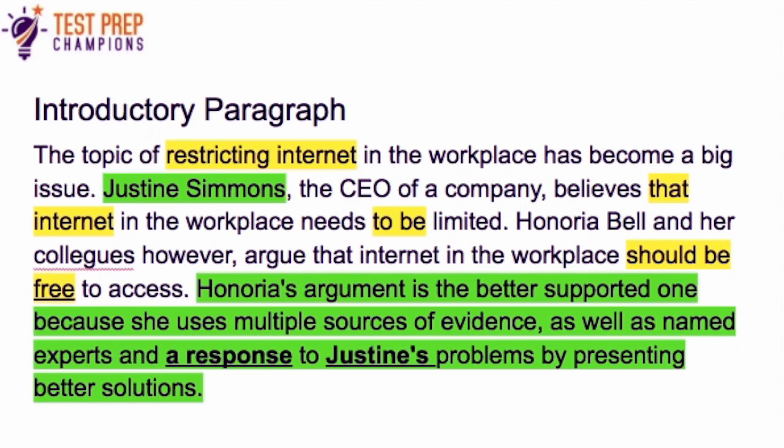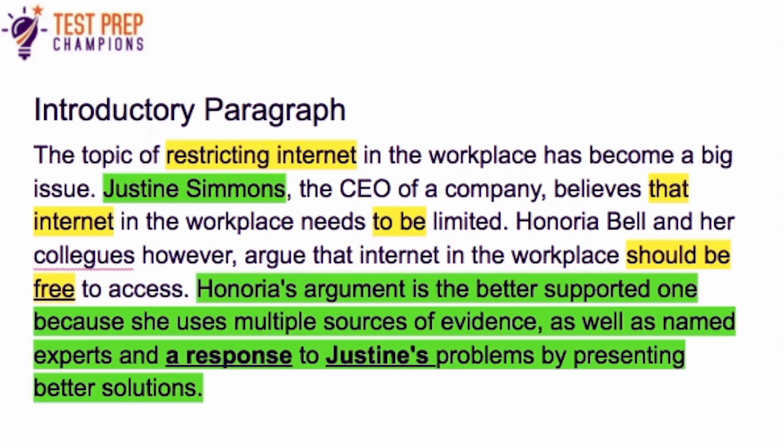Okay, so as we keep reading here, you say, Honoria Bell and her colleagues, however, argue that internet in the workplace should be free to access. So I highlighted this in yellow because we see the same issue here. So when you say should be free to access, my question that I want you to think about is free for who? Who's accessing it, right? Now, so we could change the sentence around to make it clear that it's the workers or that it's her colleagues, right?